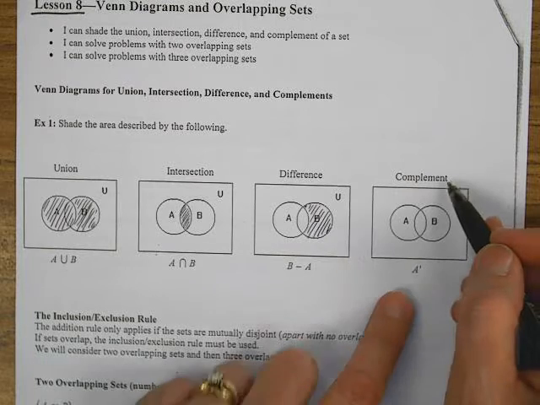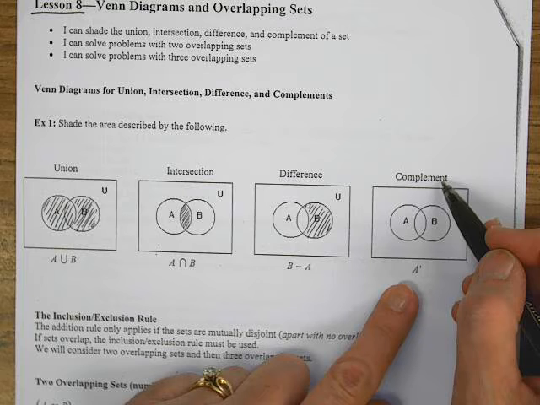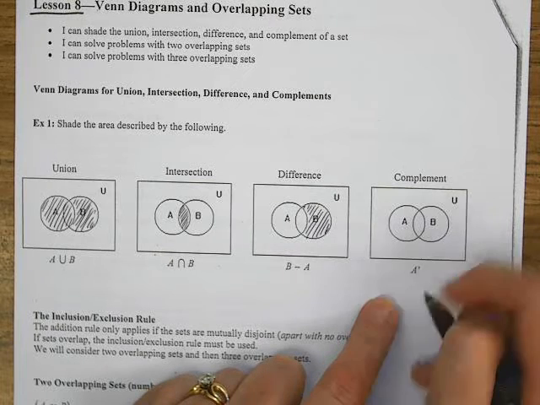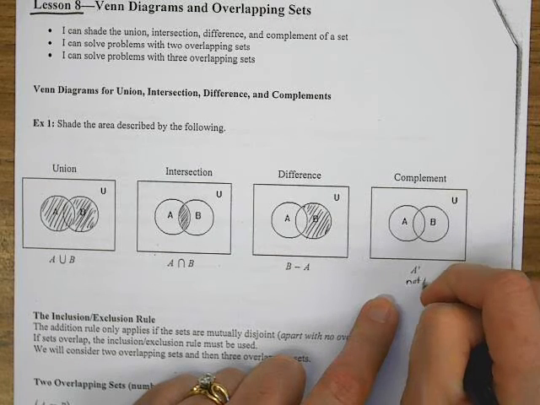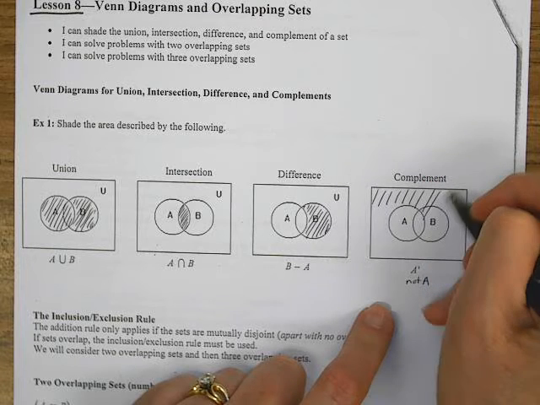Complement is what we were talking about on the last set of notes. Complement would be the exact opposite, where together they make the whole set. So the complement of A would be everything that is not A. So everything that is not A would look like this.